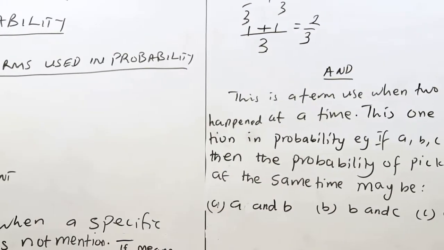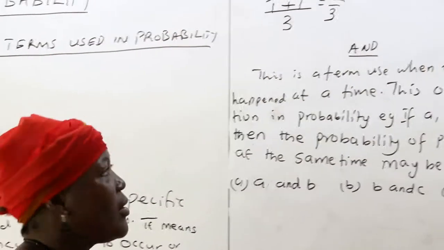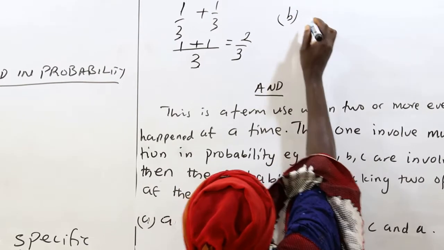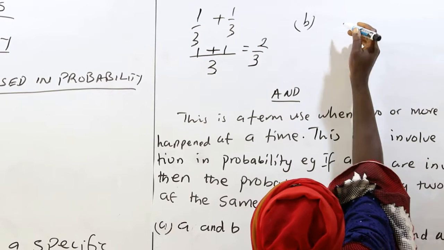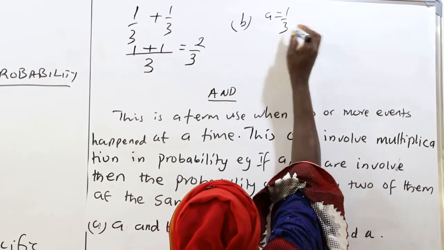Then for A or C, we know that the probability of A is 1/3.